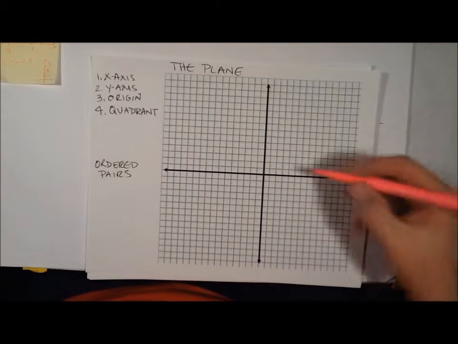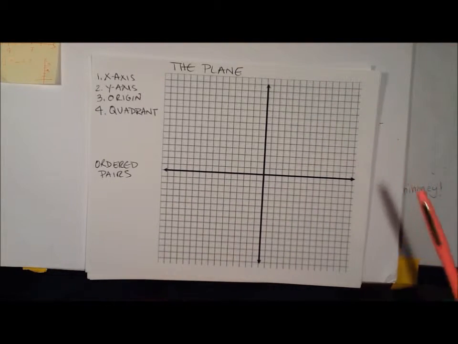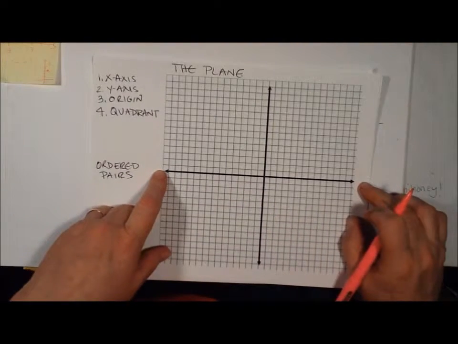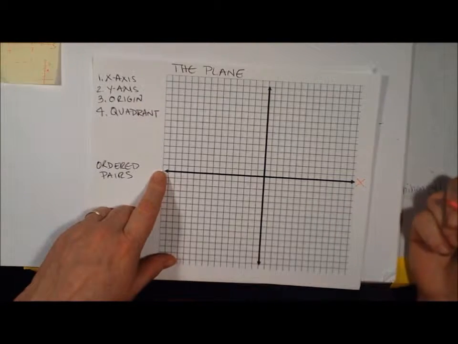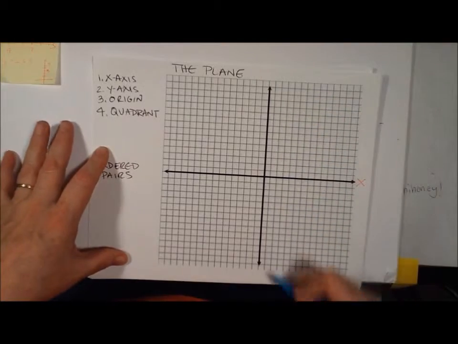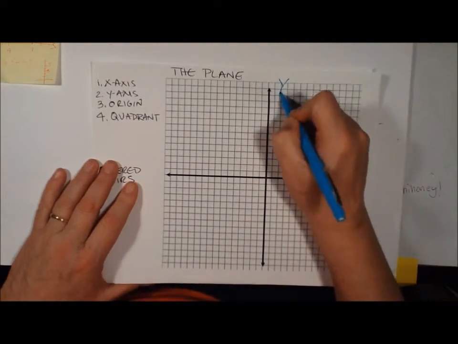What we notice on it is the two perpendicular lines. The line that goes from left to right and is horizontal, goes sideways, is the x-axis. The line that is vertical and goes up and down is called the y-axis.